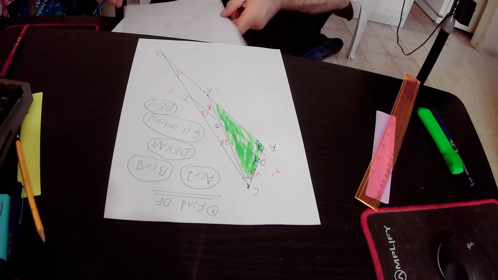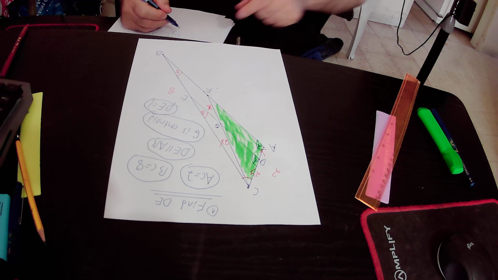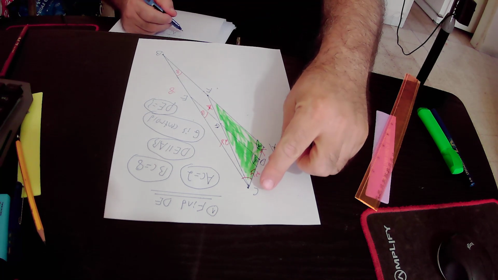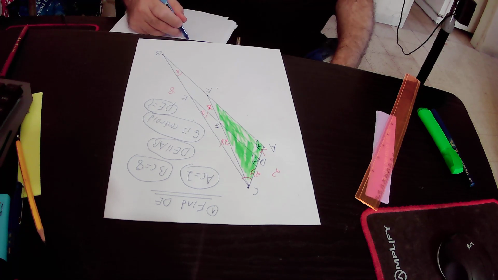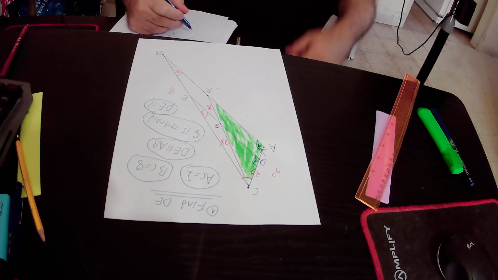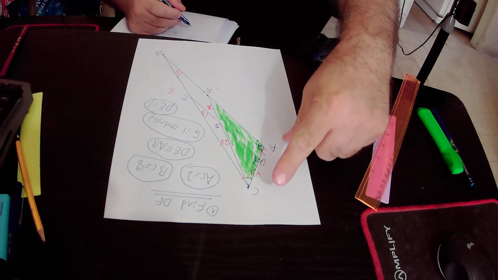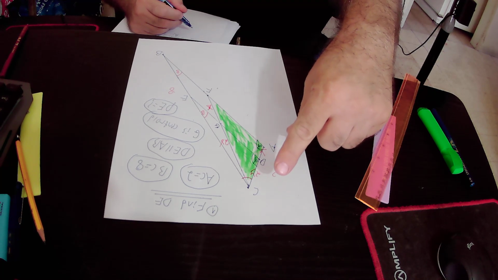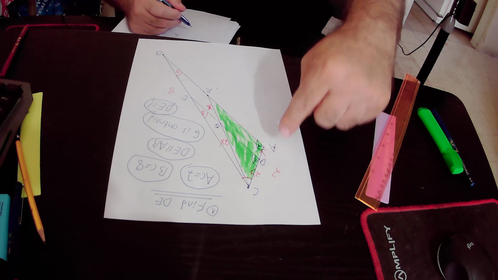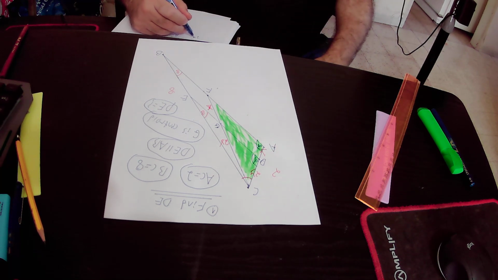But what is the value of CD? CD equals 2y. And what is the value of AC or CA? CA equals CD plus AD, and CD plus AD is 2y plus y, that is to say 3y.